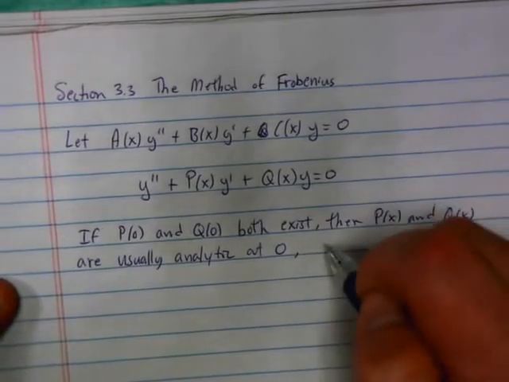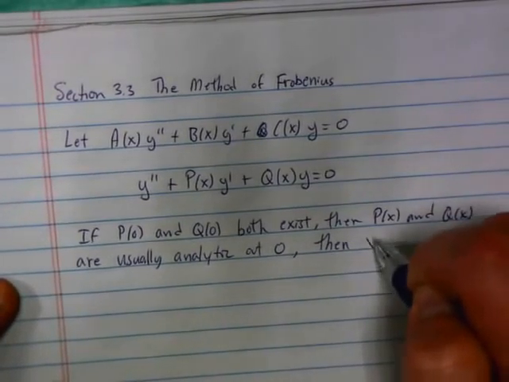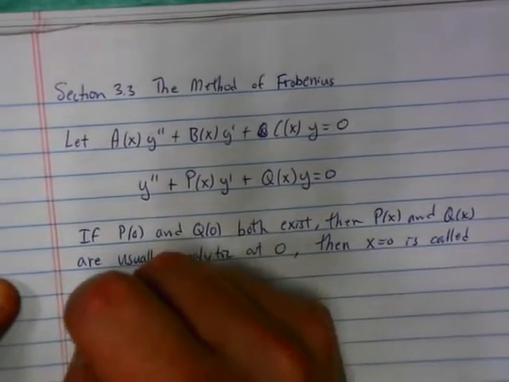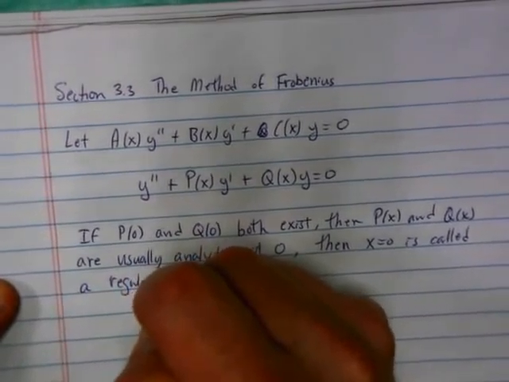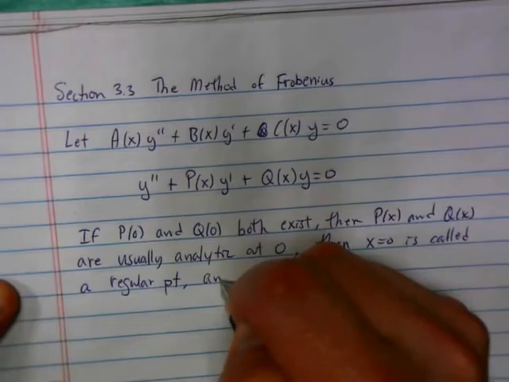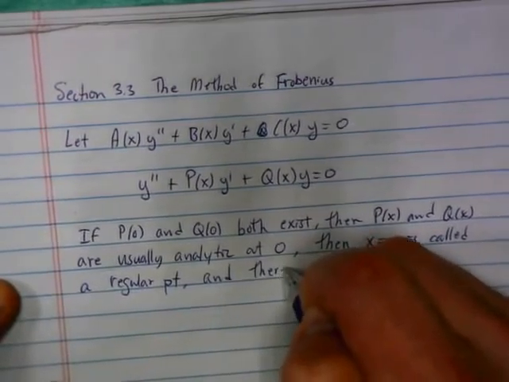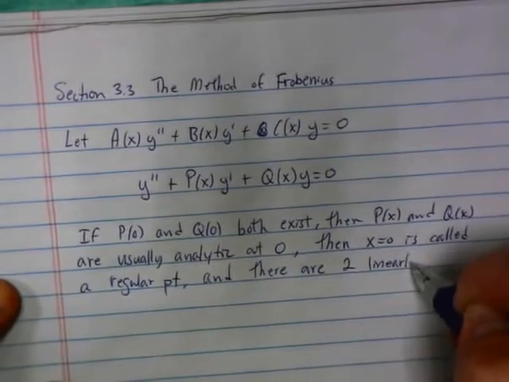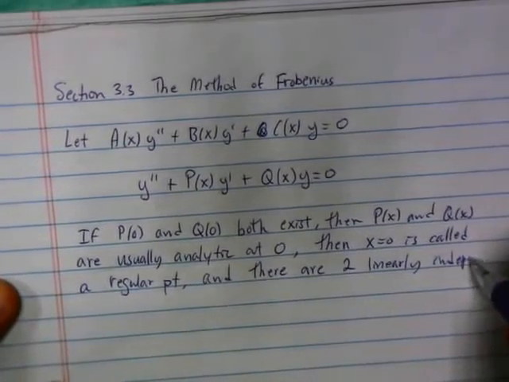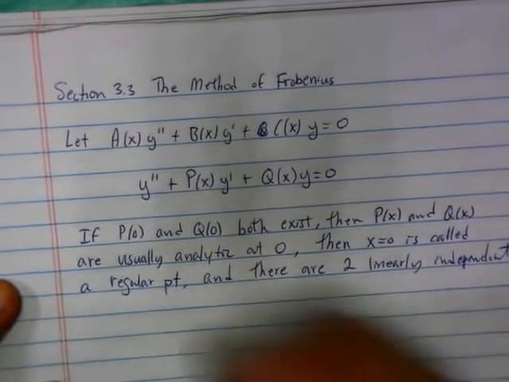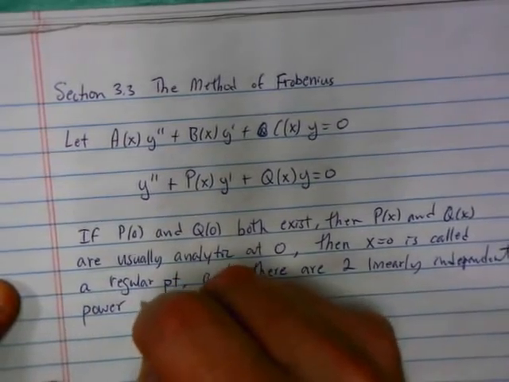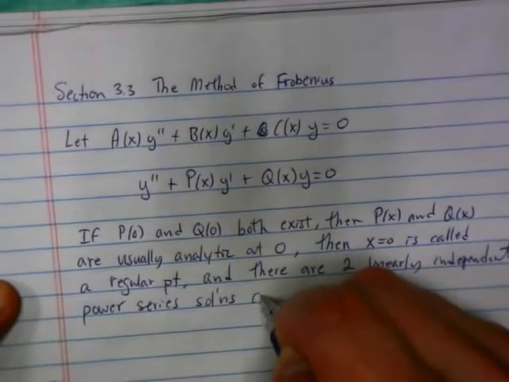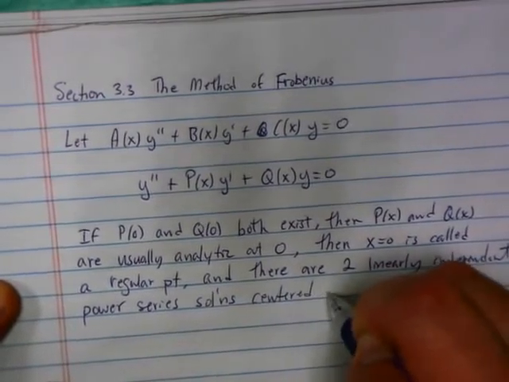Then x equals 0 is called a regular point, and there are two linearly independent power series solutions centered at 0.